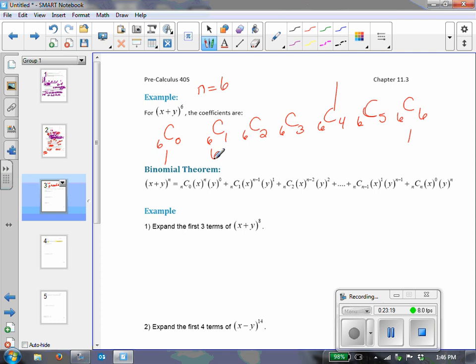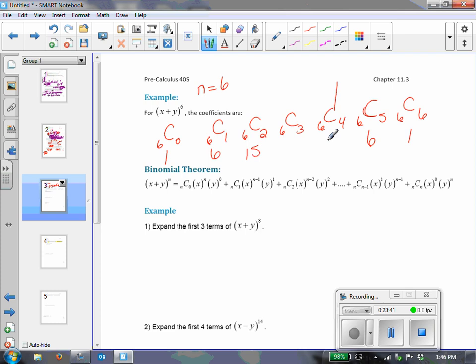It's symmetrical, so what do we know this one will be? 6. Don't do more work than you have to. This is going to be 15.